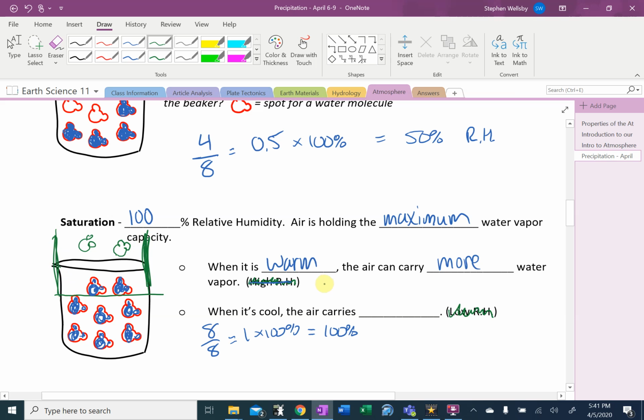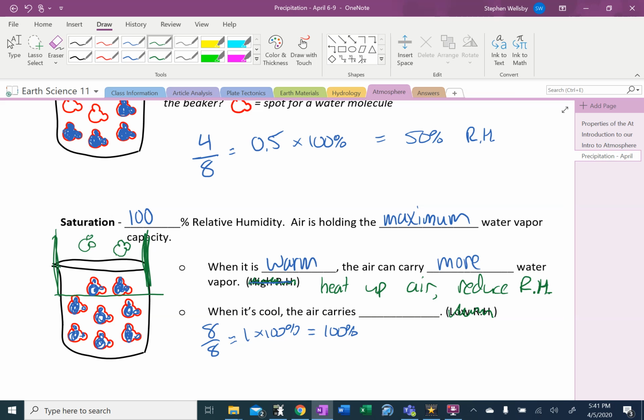So if you heat up air, you will reduce the relative humidity, because you may have had 8 out of 8, but now you have 8 out of 10. The air is warmer, it could hold more, so you're going to reduce that percentage. It was 100%. When you reduce it to, say, 8 out of 10, the relative humidity becomes 80%.